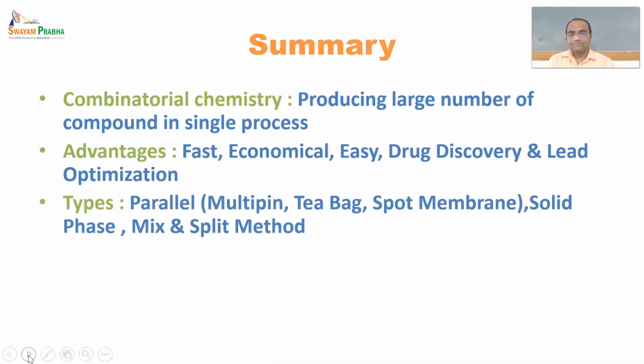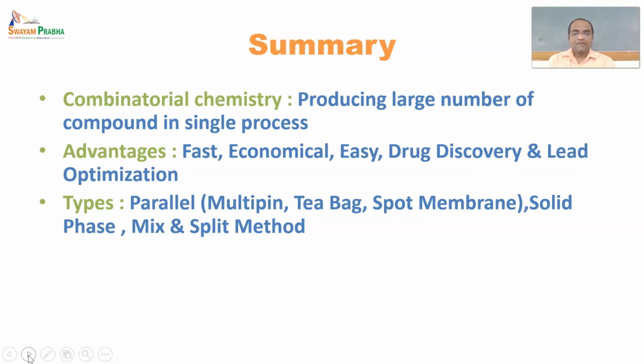After that, the types. There are three types: parallel, solid phase synthesis, and mix and split method. In the parallel type, we saw three classes: multipin, T-bag method, and spot membrane method. The name itself indicates parallel.